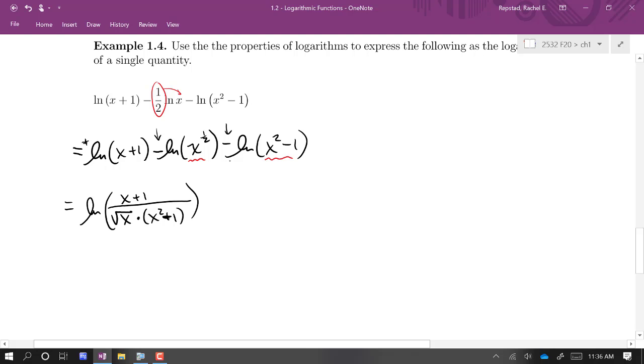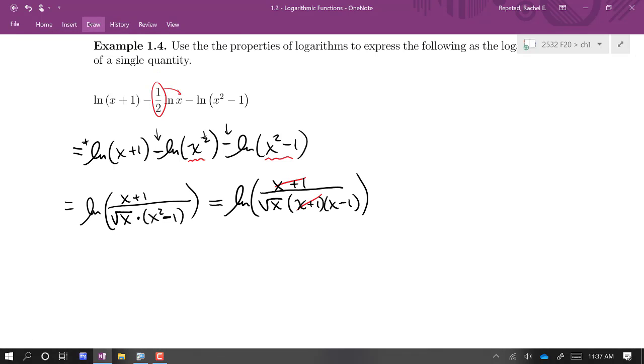And now we're almost done. I mean, we wrote it as a single log, but we can do a little better because we can factor that x squared minus 1. If we factor that, it factors as (x plus 1)(x minus 1). And we can actually cancel that factor.